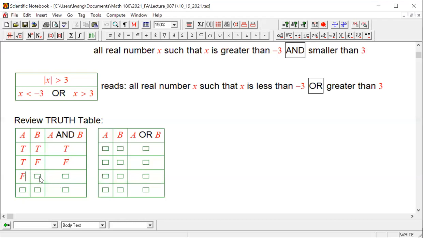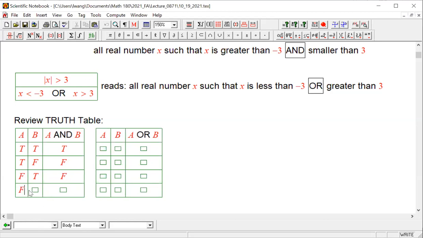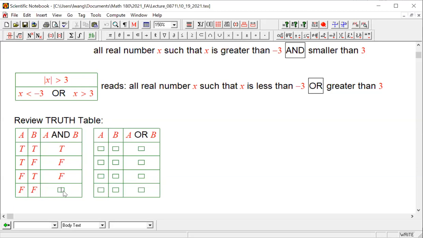If one is false, the other one is true, false and true is going to be false. One is false, the other one is false, false and false makes false. Do you guys follow me?